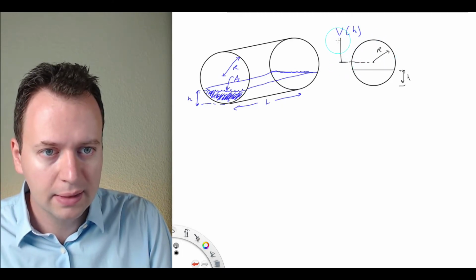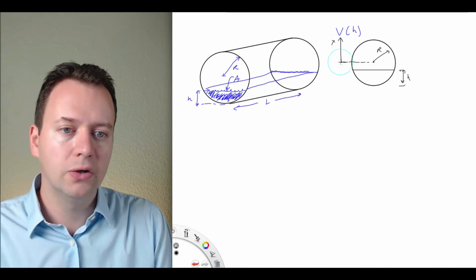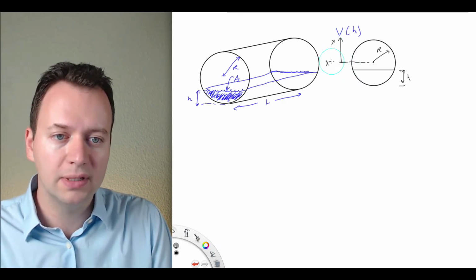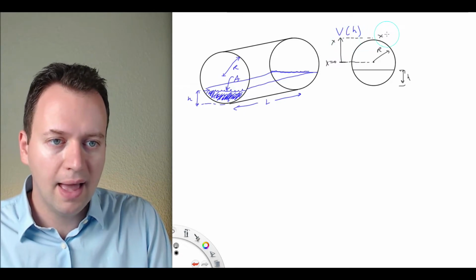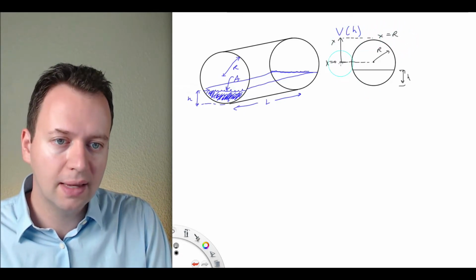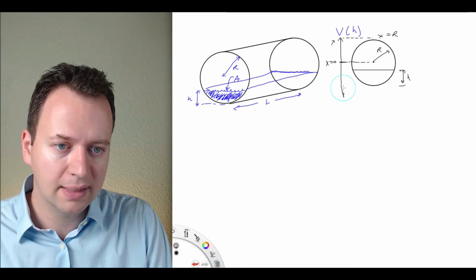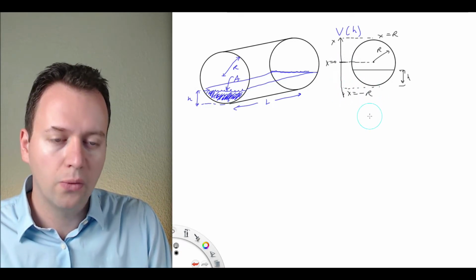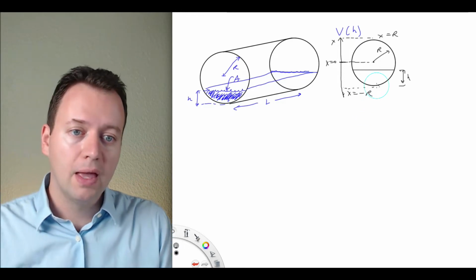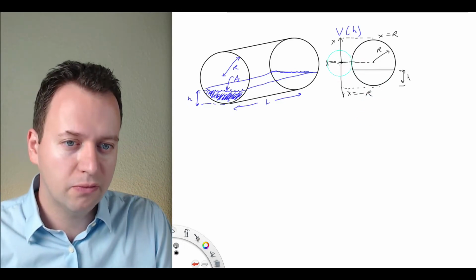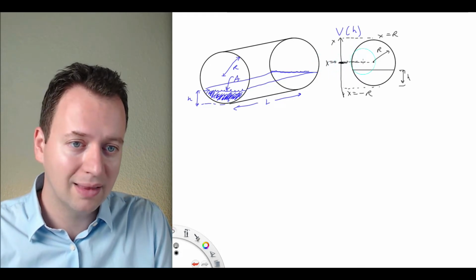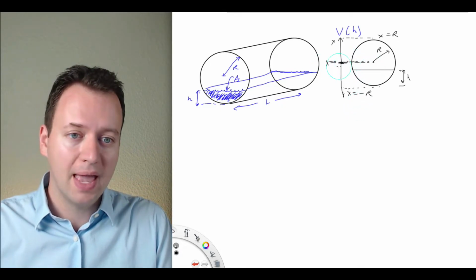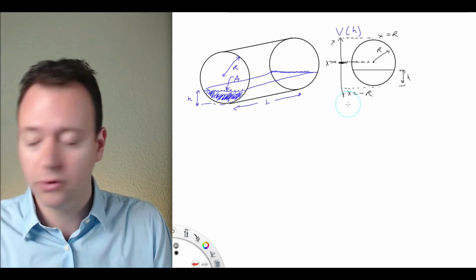So x is going up, and x equals 0 is the center of the tank. x equals r is the top of the tank. And this is the negative x-axis. So x equals minus r represents the bottom of the tank. So just from experience, I'm setting this up so that x equals 0 is at the level of the center of the tank, and then x is measured from the center.